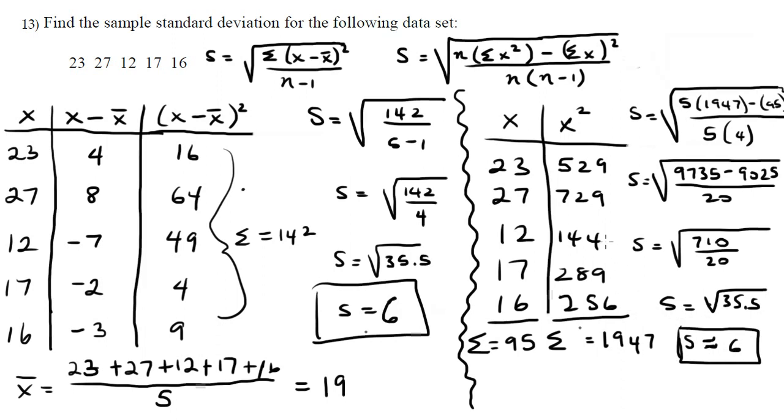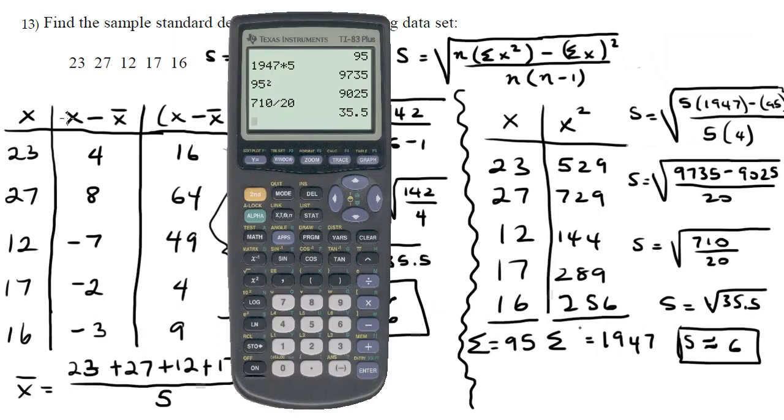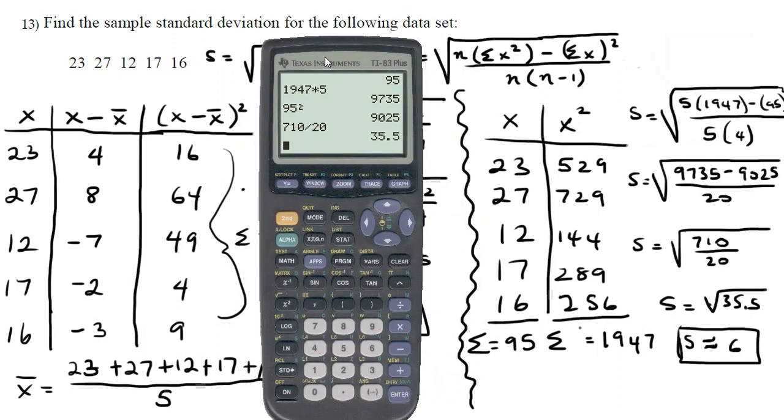So this is using the two different formulas that appear on your formula sheet. Again, we can also do this with the calculator. I'll show that right now as well. So if we want to find the sample standard deviation for a data set, just like before, we would go to statistics to enter some statistics, and I would go to edit. Oh, we've got all this stuff in here.